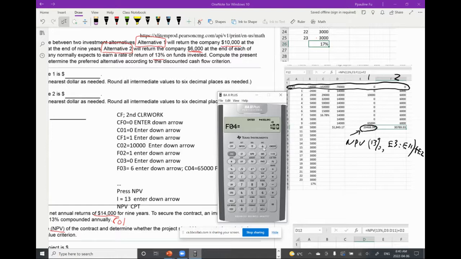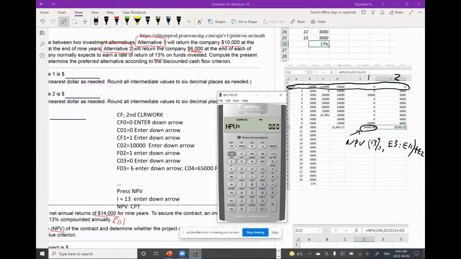Next, you press NPV, net present value. You are asked to enter the interest. Type in 13, enter. After that, press the down arrow key. You see NPV.